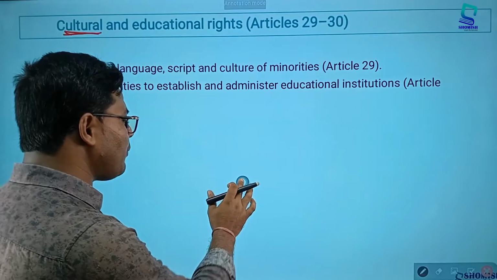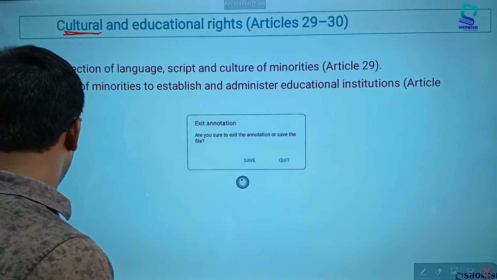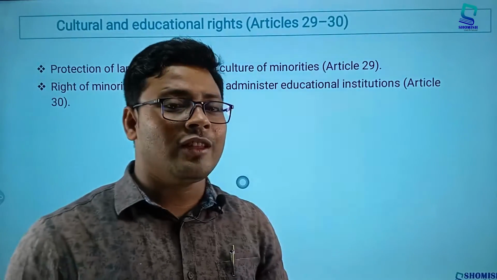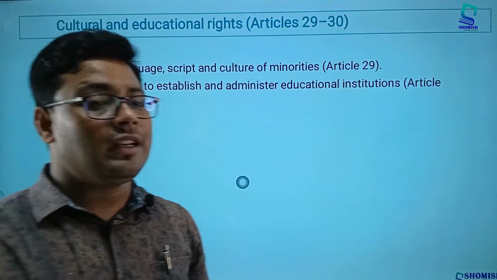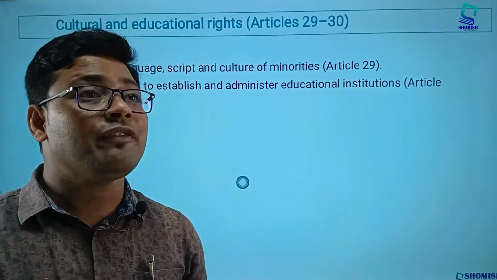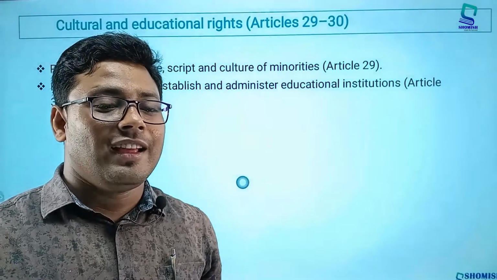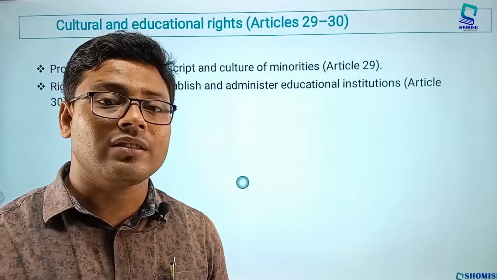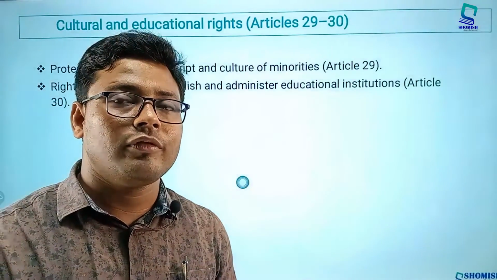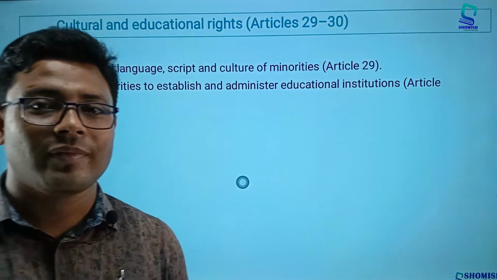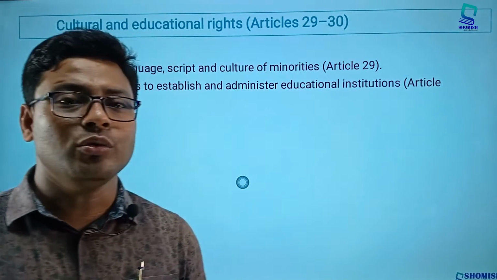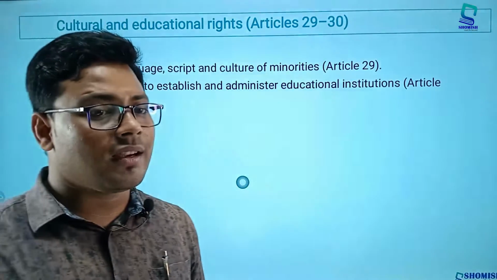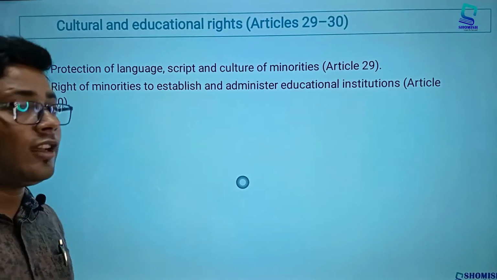It is very important because if any of the 5 fundamental rights are violated, how do we get the solution? This Article 32 will give the solution.